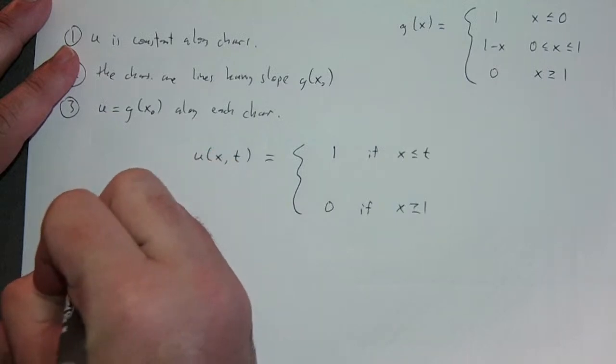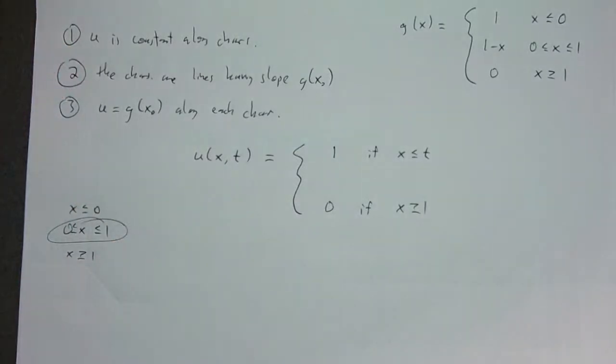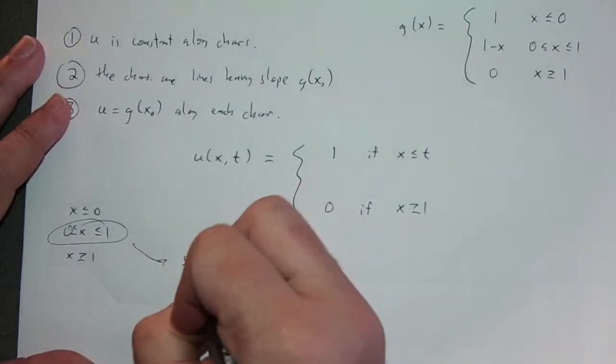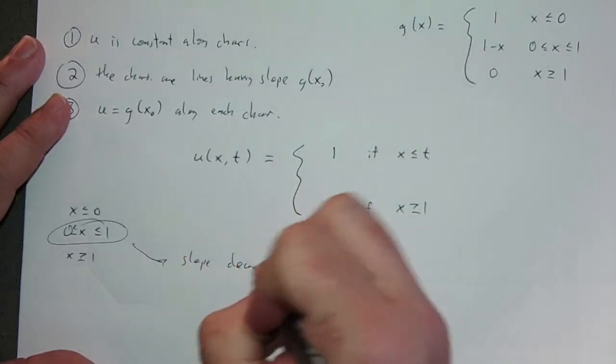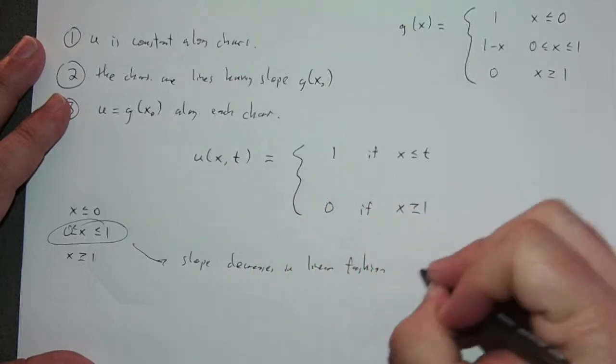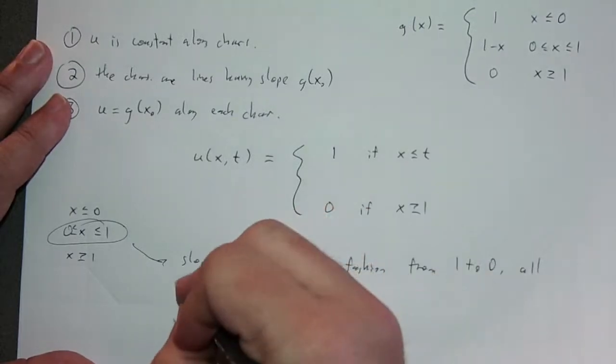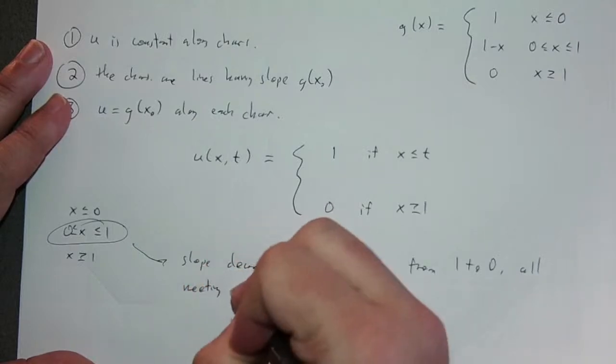So in this intermediate region, when x is between 0 and 1, this slope is going to decrease in a linear fashion from 1 to 0, all meeting at the point 1, 1.